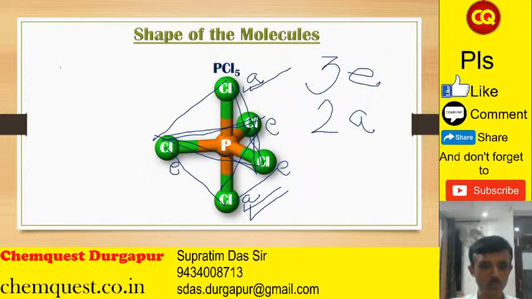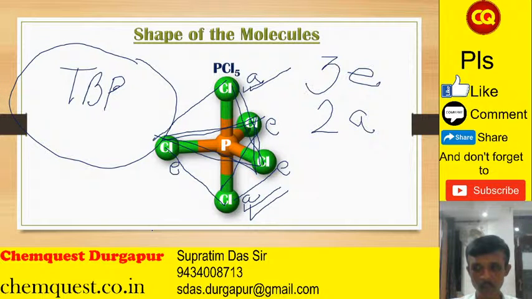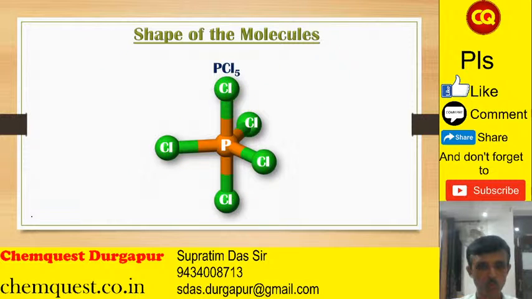Then it is known as TBP. What is meant by TBP? TBP is trigonal bipyramidal. Trigonal plane and bipyramidal, one pyramid above and one pyramid below.